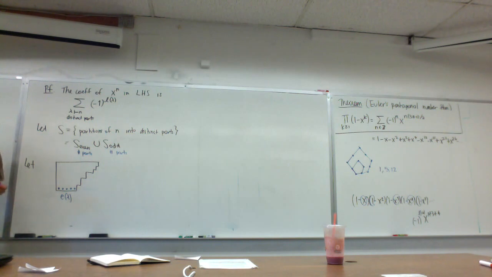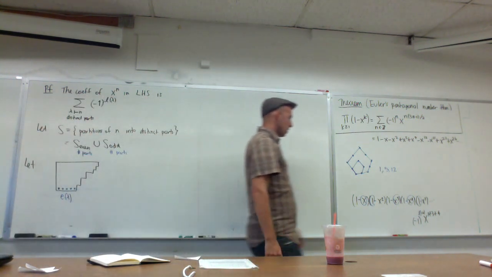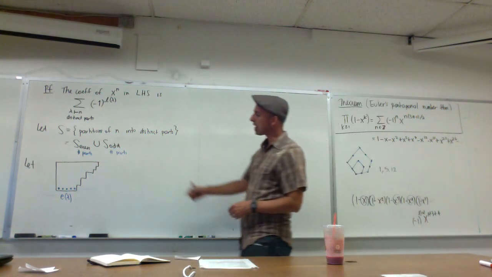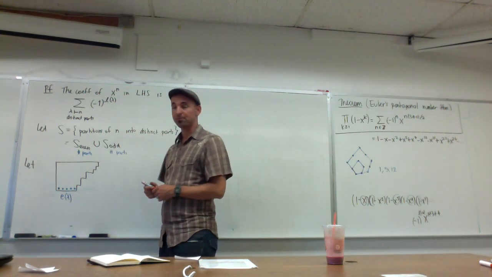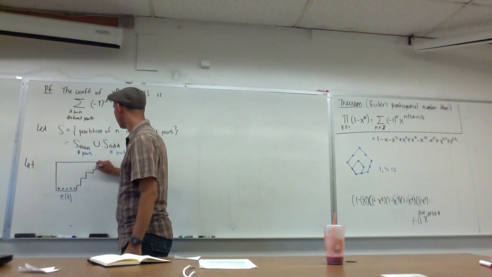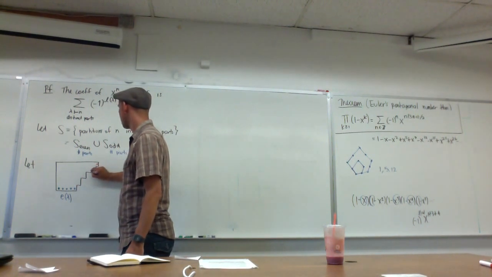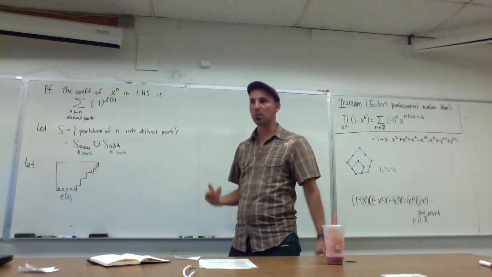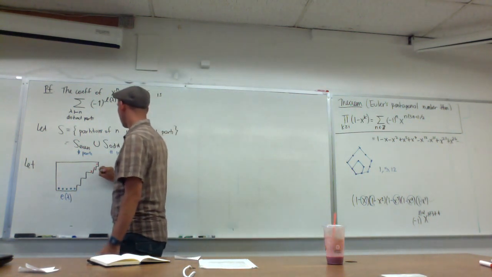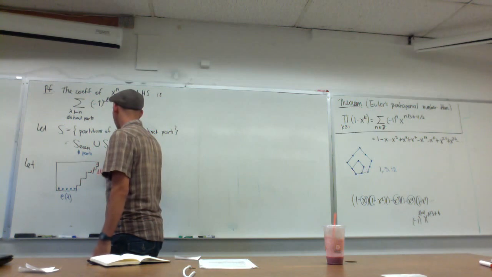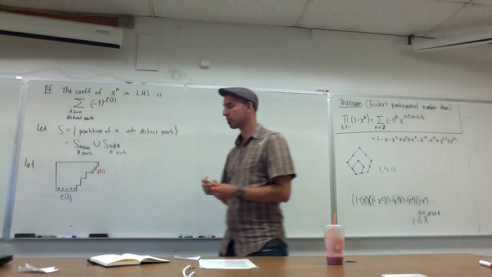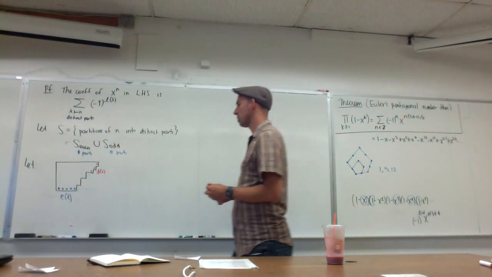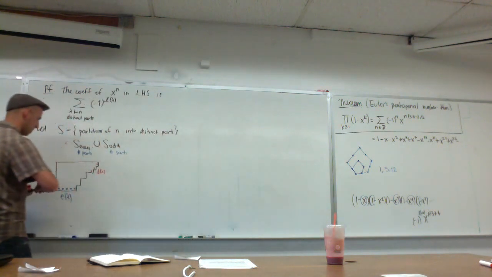That's the size of the smallest part of the partition. And then I'm going to go down this diagonal until I can't anymore. I'm going to go down the first diagonal and see how many parts there are there. I'm going to call that D of lambda. Where this is lambda.